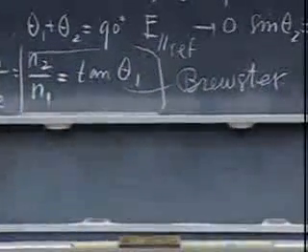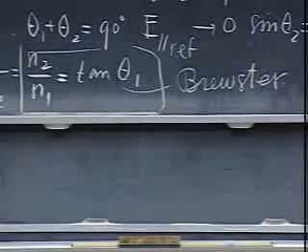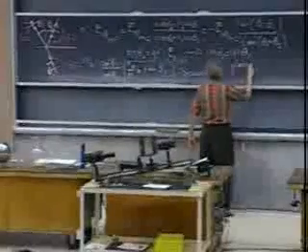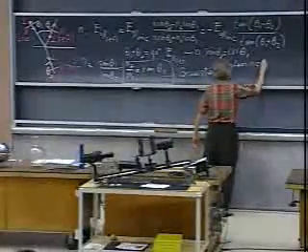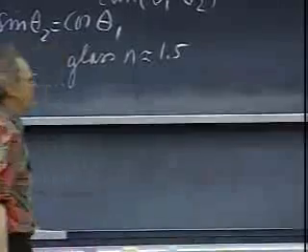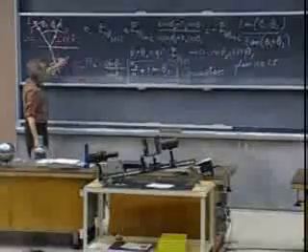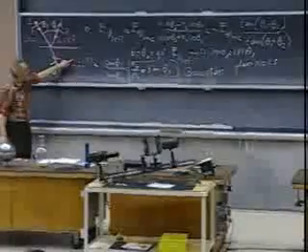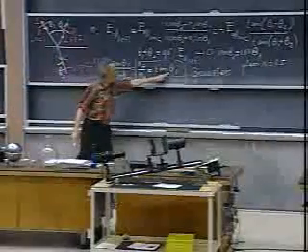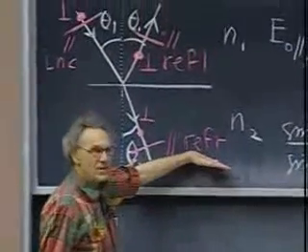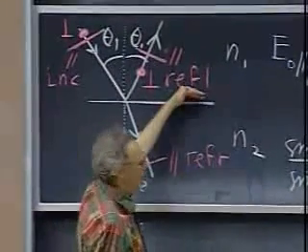And so if we, for instance, look at the transition from air to glass, glass has an index of refraction approximately 1.5, depends on the kind of glass that you have. If I go from air to glass, which is what I will do in my demonstration, then the tangent of this angle is n2 divided by n1. This is glass, so this is 1.5, n1 is 1.